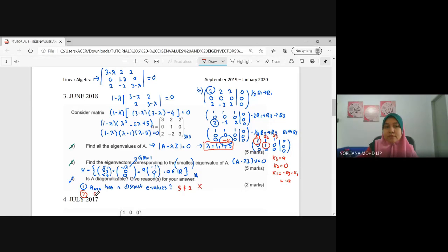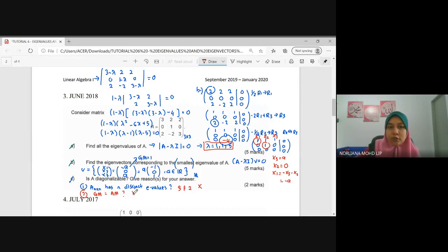Is GM equal to AM? The geometric multiplicity equal to algebraic multiplicity. Okay, so kita refer kepada setiap eigenvalues.